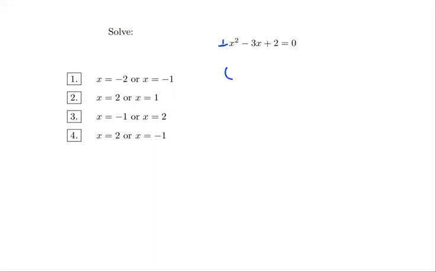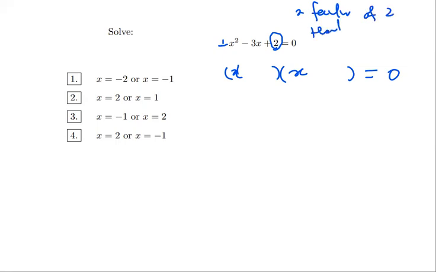So again, we open two sets of parentheses and we still maintain equals 0. So we're bringing x down here and we bring an x down here. And so we're looking for two factors of 2 that add up to -3.